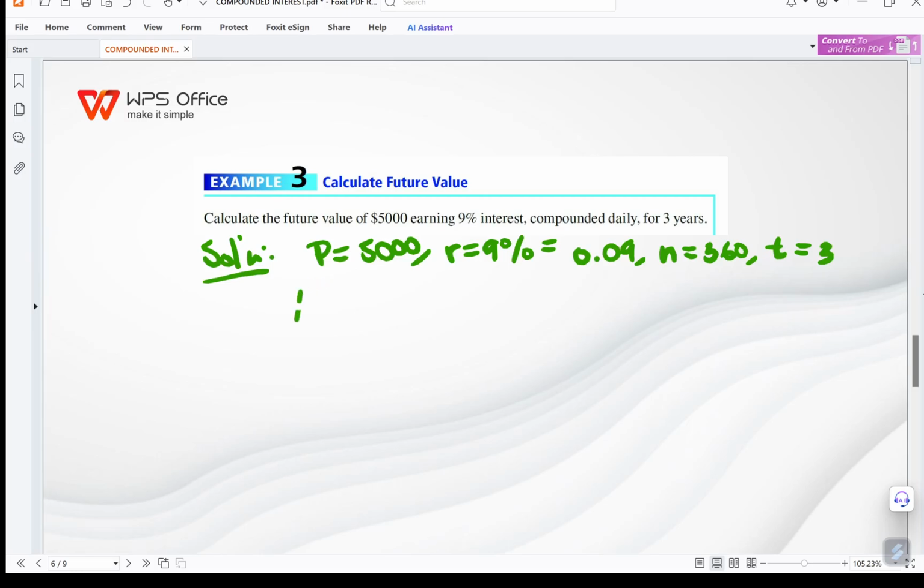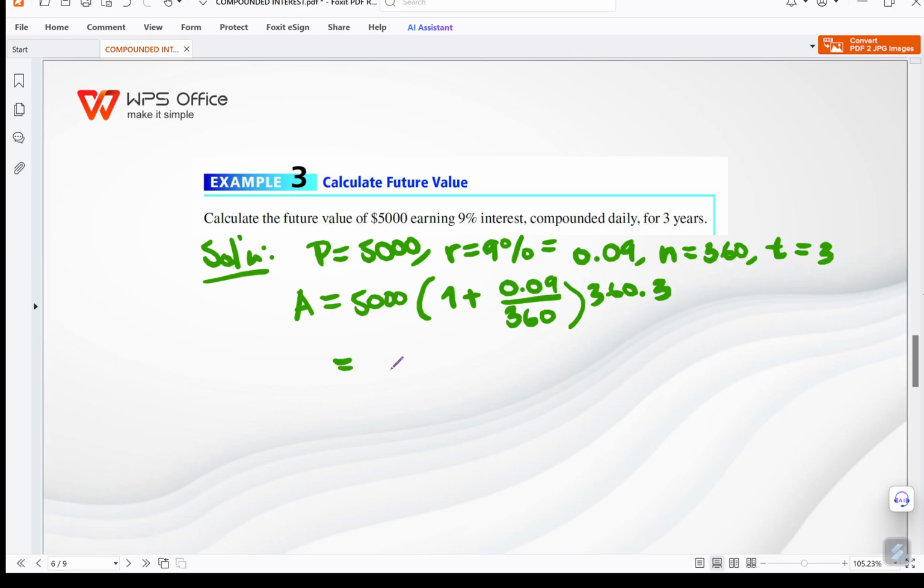So our amount A is given as 5,000 multiplied by (1 plus the rate 0.09 divided by the number of times it is compounded in a year, which is 360), raised to 360 multiplied by 3. After simplification, you will get 5,000 times (1 plus 0.00025) raised to 1080.